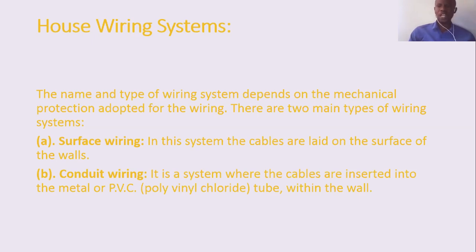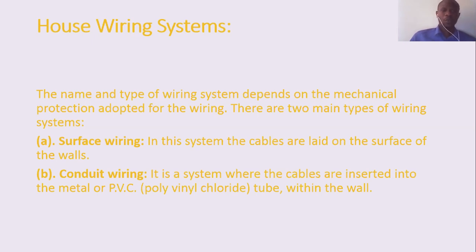There's another one they call concrete wiring, where the wire is laid inside the concrete or inside the roof. And there's something called half conduit, when you see part of it outside and the other part is laid inside the ceiling. So basically, we have surface wiring and conduit wiring. Conduit, as the word implies, is what you cannot see.